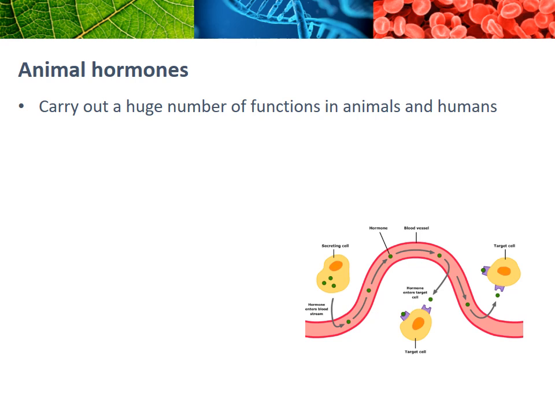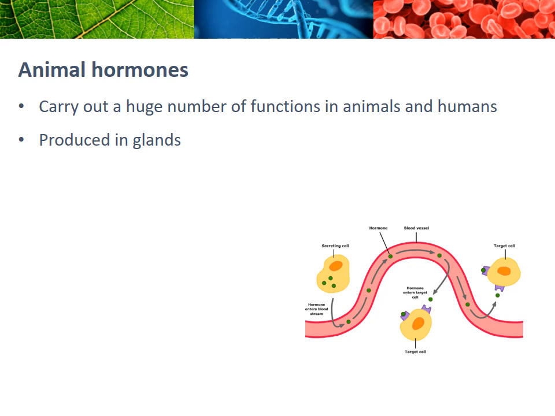Animal hormones are responsible for carrying out a huge number of functions in animals, including in us. Growth, development, they're involved obviously in regulating sexual function, they're involved in digestion of food. Hormones play a huge role in all kind of mammals and animals.